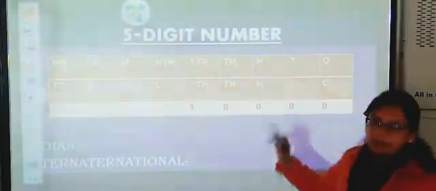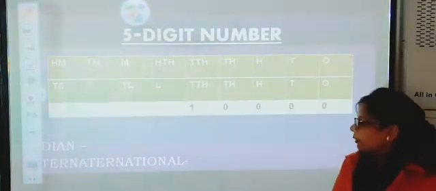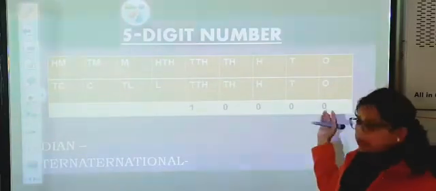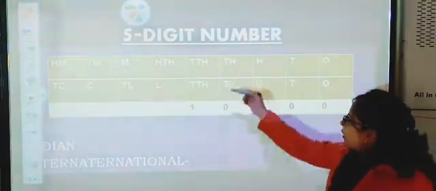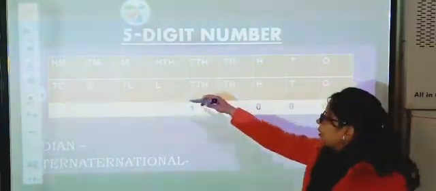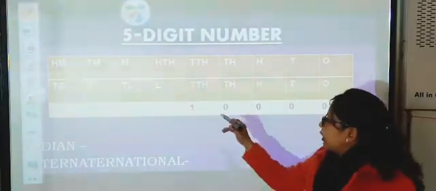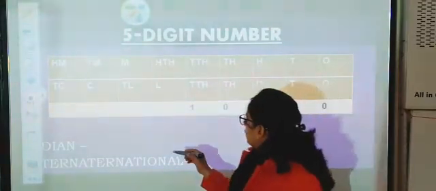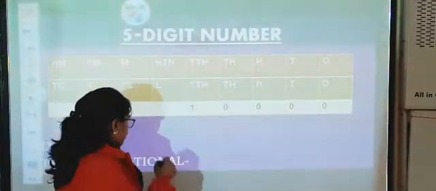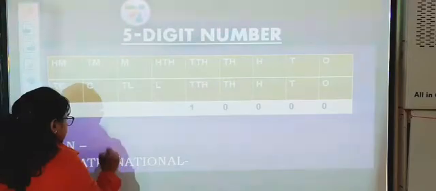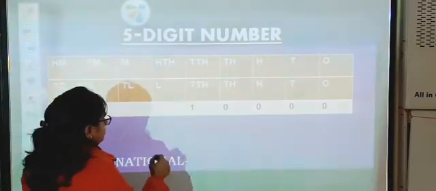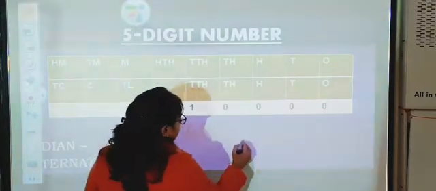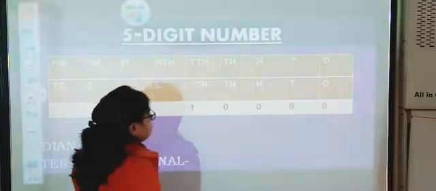What if we have a 5-digit number? I will show you with an example. I have taken this 5-digit number, that is 1 and 4 times 0. So children, you can see the first column is international and the second column is the Indian number system. So 1 lies in 10,000 according to Indian, so it will be 10,000.